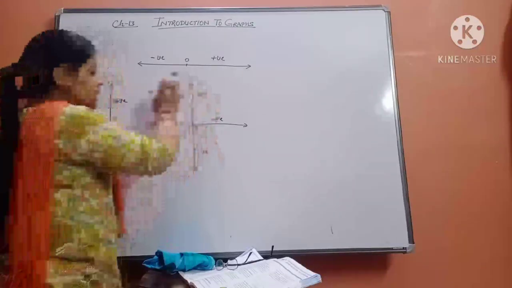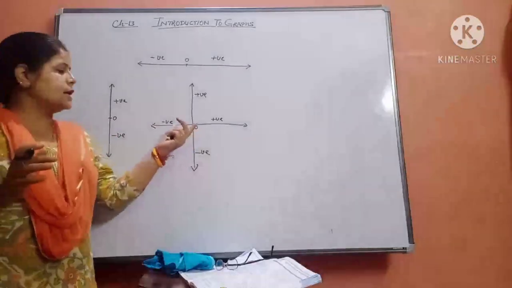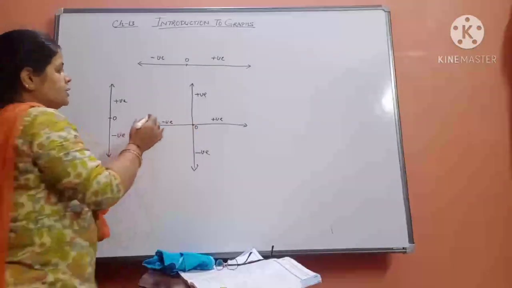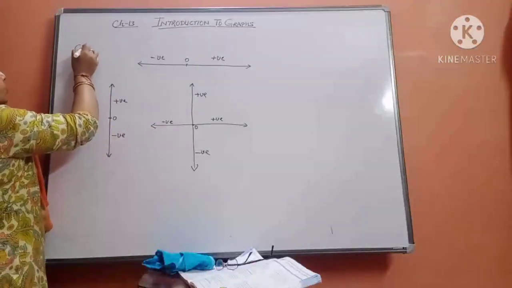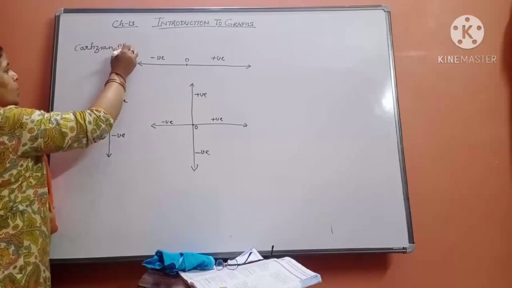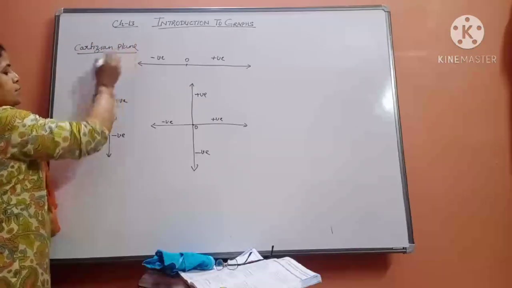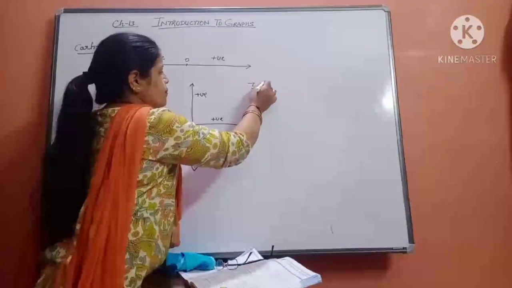So this complete system of numbers is known as the Cartesian plane. Cartesian means when we have two points, like 3, 5.